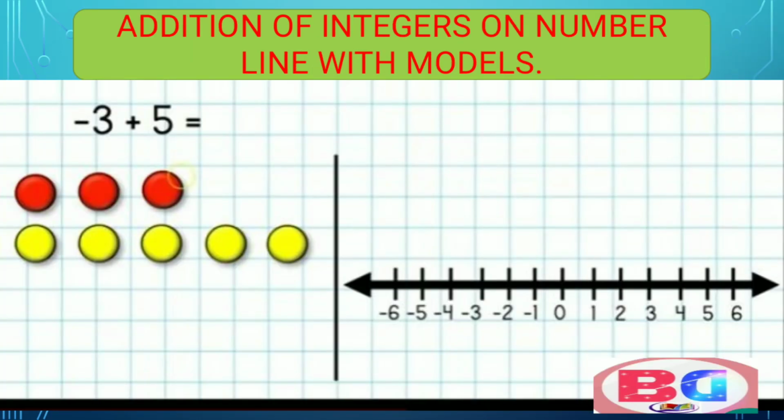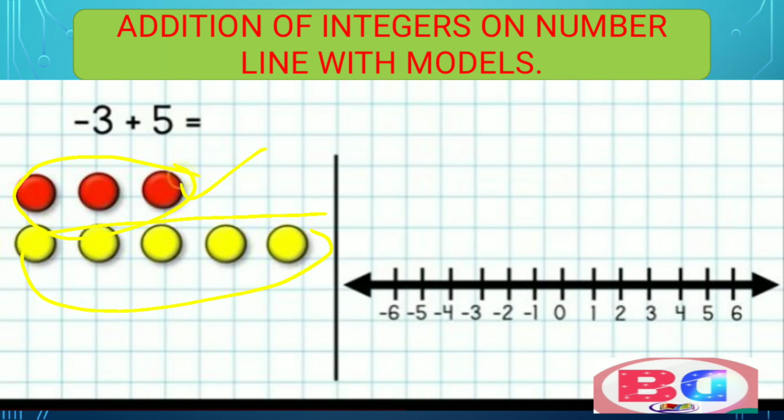Now, with the help of a model, let us try to understand the addition of two integers. We have taken 3 red buttons that indicate negative integers, and yellow buttons that indicate positive integers.